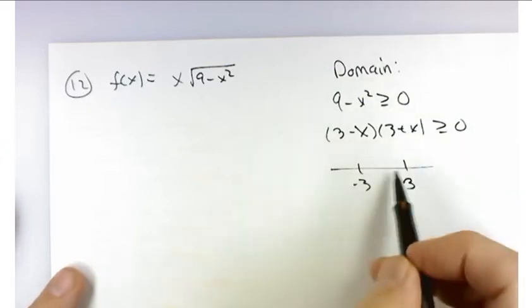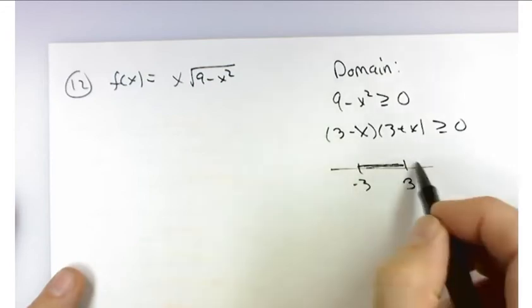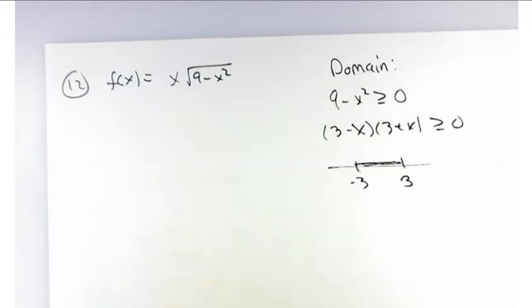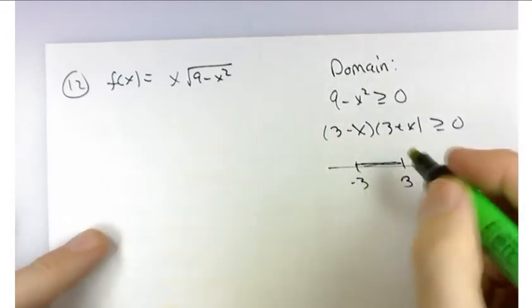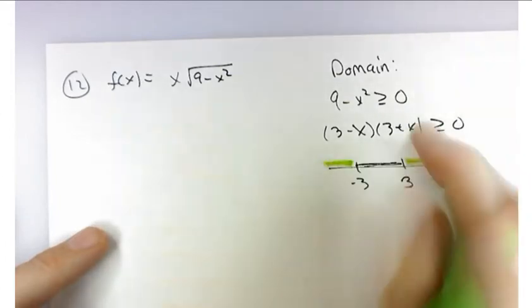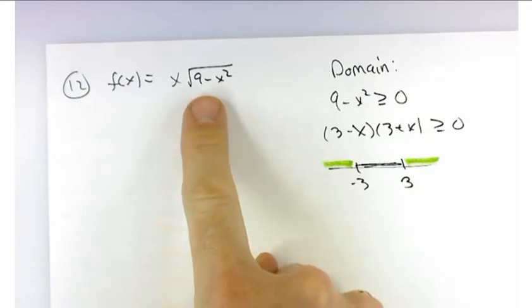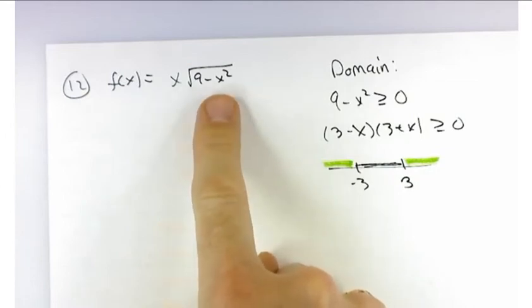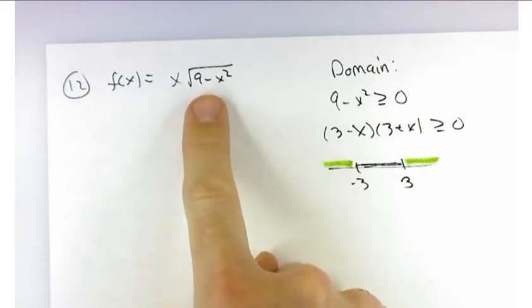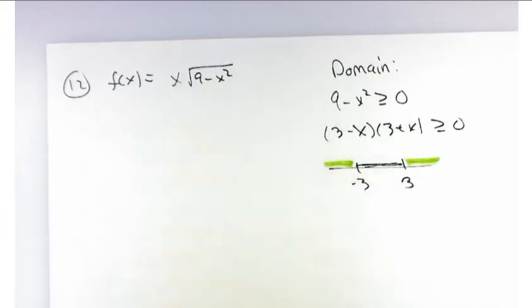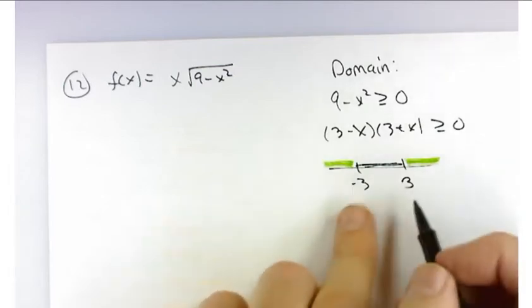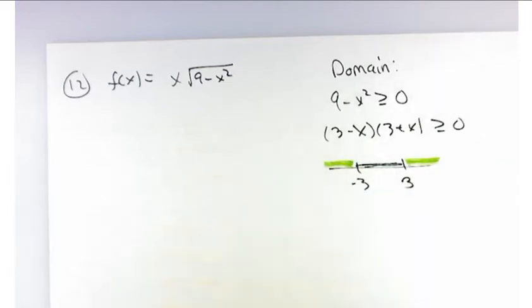Now, are the limits going to be between these or outside of these? Which area is going to be part of my domain? Between. Good. As long as your number is between -3 and 3, you can put it in and square it and still have something less than 9. In other words, that difference is going to be positive. So there's your domain, between -3 and 3, and that's it.